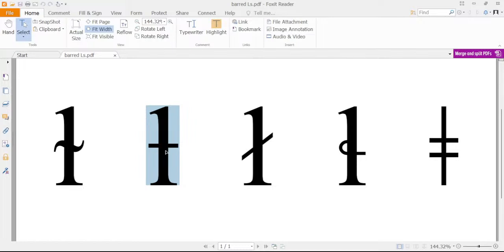You might also see some other dialects where they use this symbol, which is also called a barred L. Lowercase l, but it has a straight line going through the middle. You might see this one, same symbol, but it has a slanted line going through the middle. You might see this variation here, which has a loop going through it.